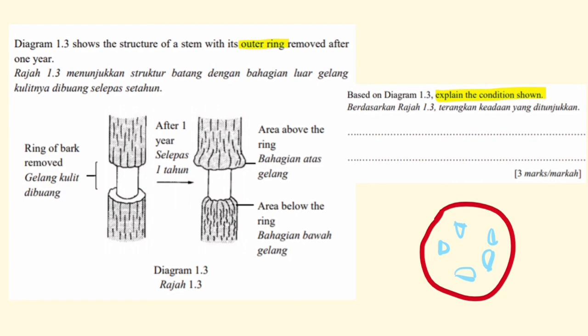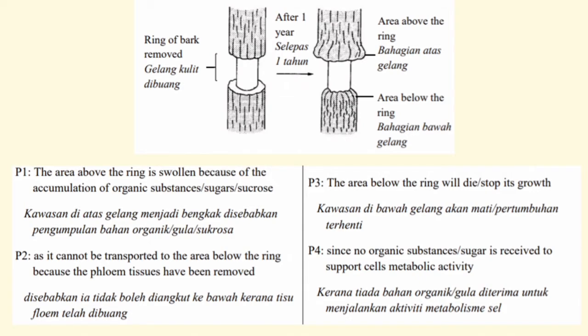So, what are the effects on the plant when we have cut out the phloem? First of all, we need to write what we see in the picture, which is the area above the ring is swollen. This is because of the accumulation of organic substances such as sugars and sucrose.